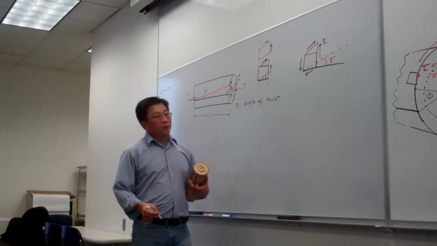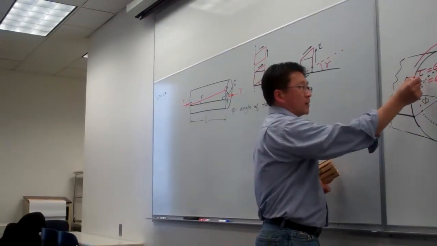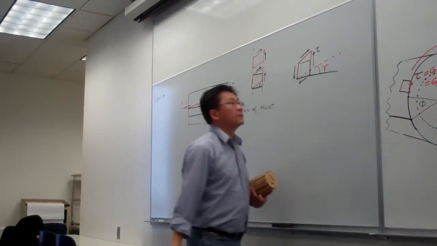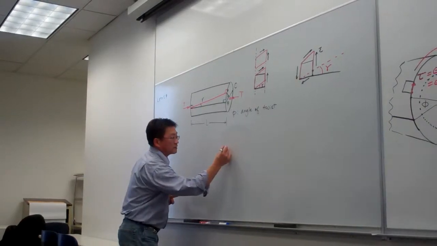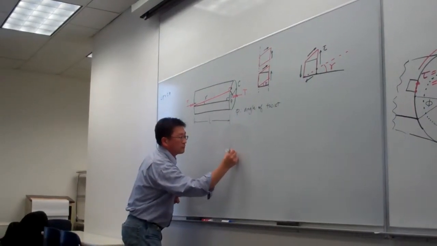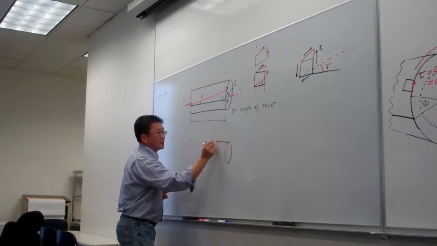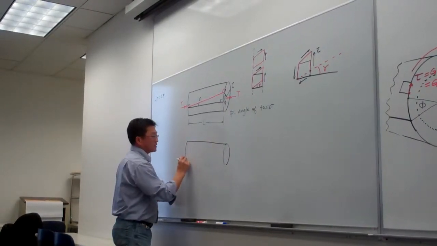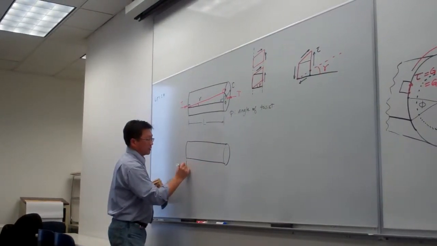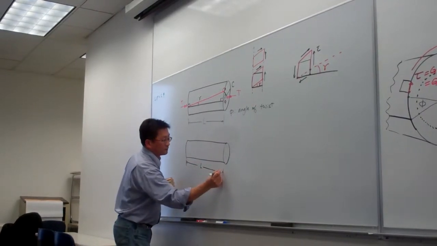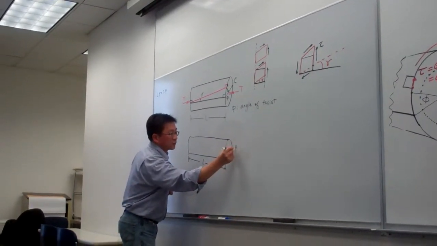Now I want to draw a free body diagram of this inner part here. So let me draw that here, a little bit smaller. That would be the same size, the same length, and this is L. And for this case, this is rho.